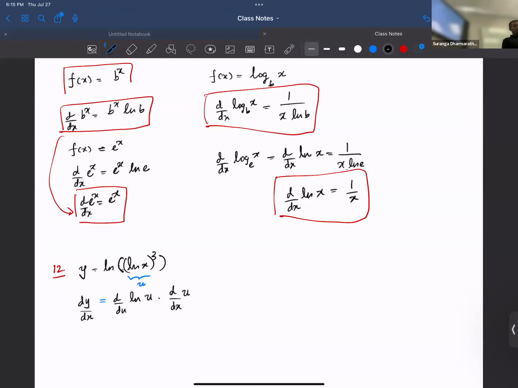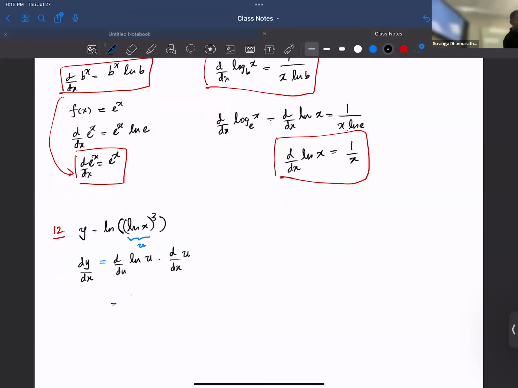Sometimes people don't use this d over dx or d over du, but I strongly encourage you to use it, because without it you may get confused with the parentheses and get the answer wrong. So this is 1 over u times d over dx natural log of x cubed.